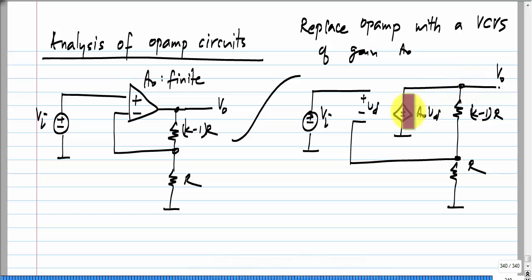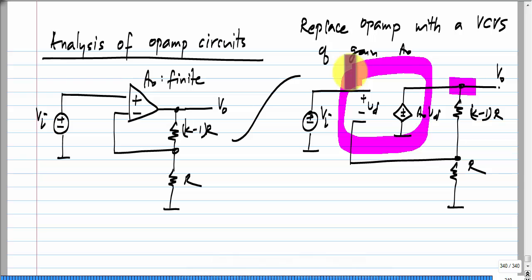We have to basically replace the voltage controlled voltage source with a super node, and we will lose one equation. We cannot write KCL at this node. We replace that by the equation governing the voltage controlled voltage source.